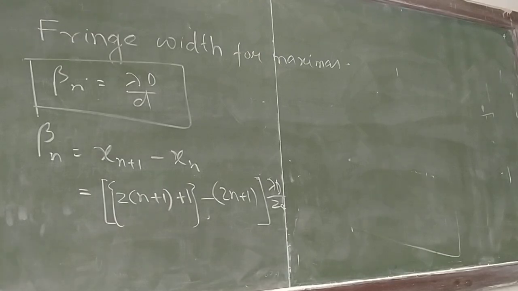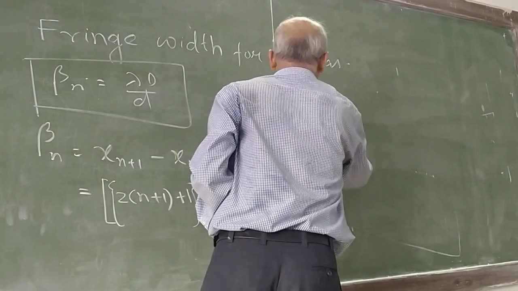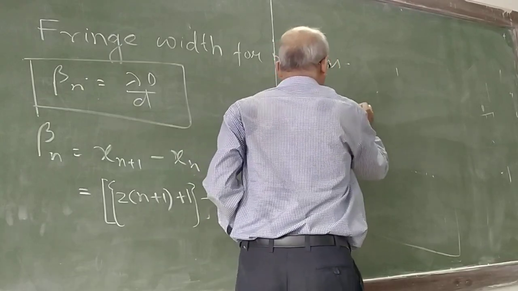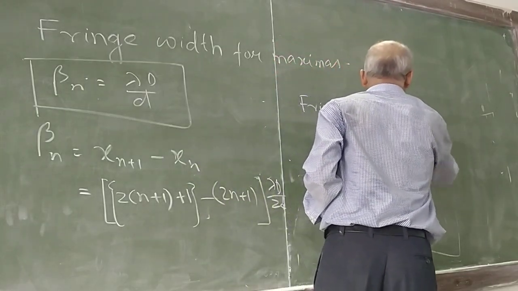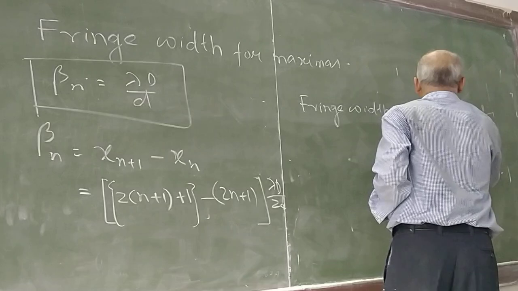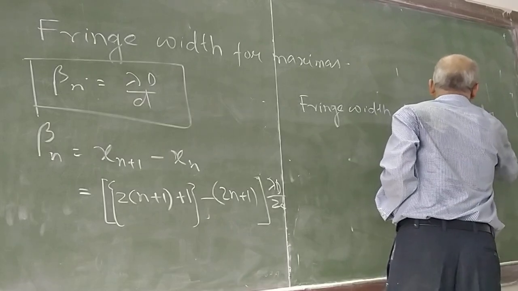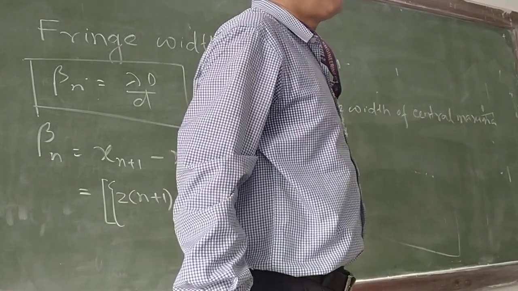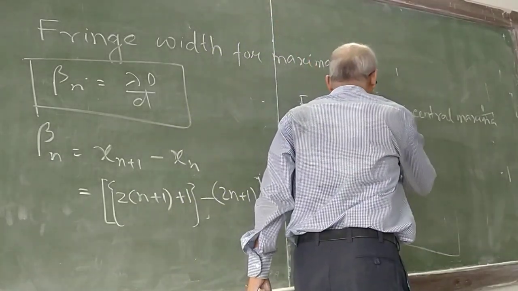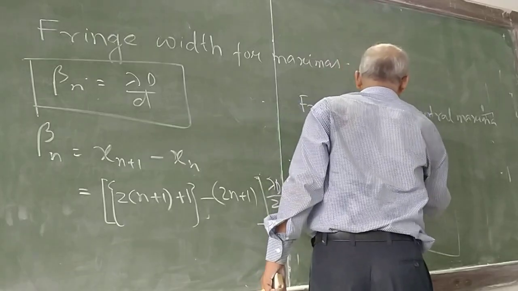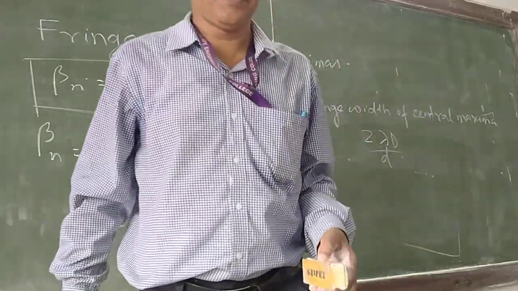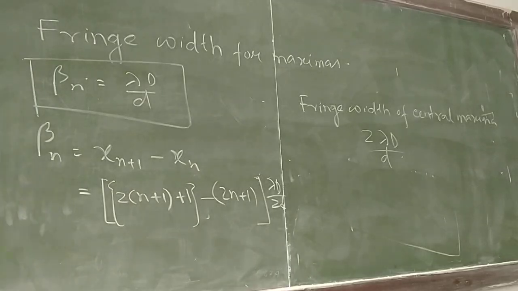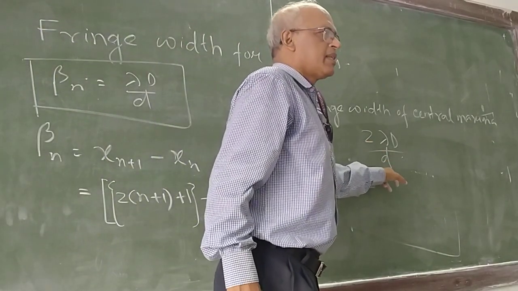Understand? Now, what is the fringe width of the central maximum? What information do you have? It is 2 times that of the secondary maxima. So it will be 2 into lambda d by d.